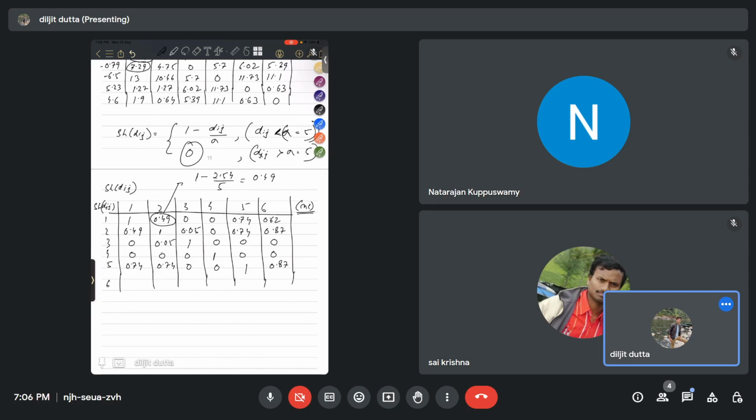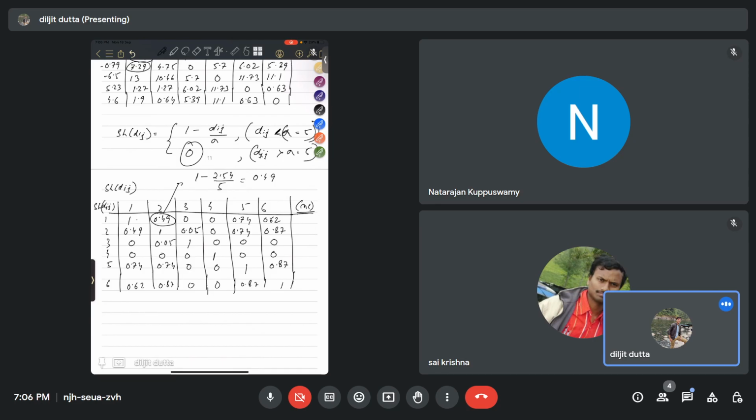For the sixth row, again we will have 0.62 coming from this way, 0.87, 0, 0, 0.87, and lastly 1.